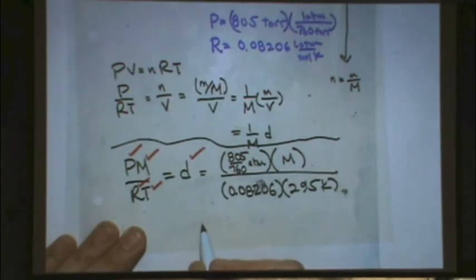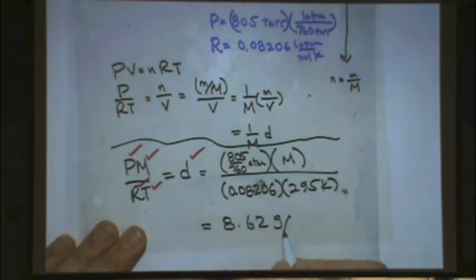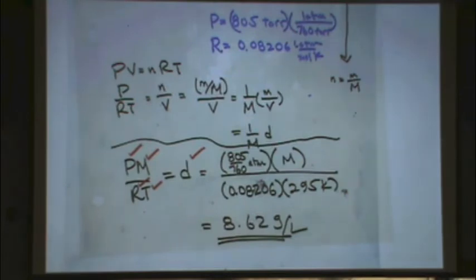If you do that, you'll get units of grams per liter, and that'll be 8.62. That would be the density of halothane. Any questions on this one before we go to the next one?